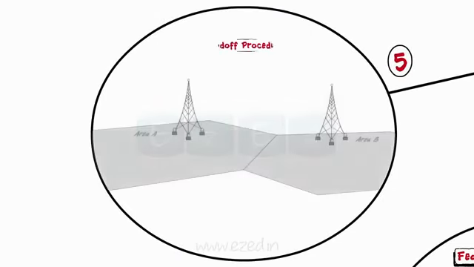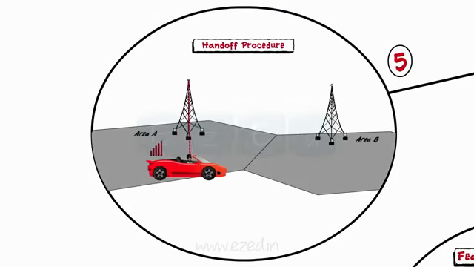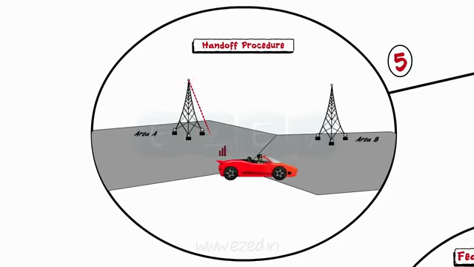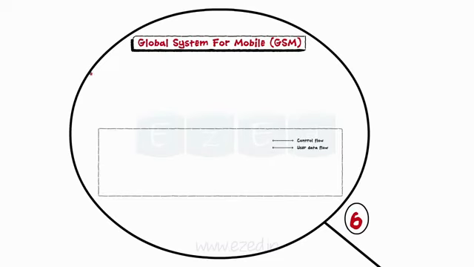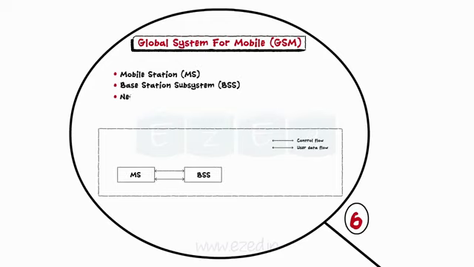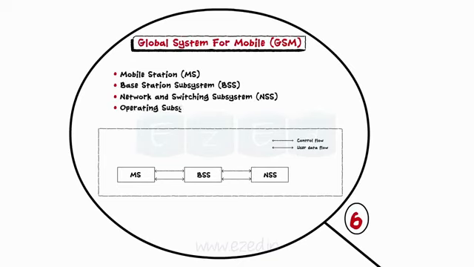Next, we studied the handoff procedure, where we learned how control over a call is transferred from one base station to another base station when a user travels from one area to another. Lastly, we saw a GSM system consisting of different subsystems: mobile station MS, base station subsystem BSS, network and switching subsystem NSS, and operating subsystem OSS.